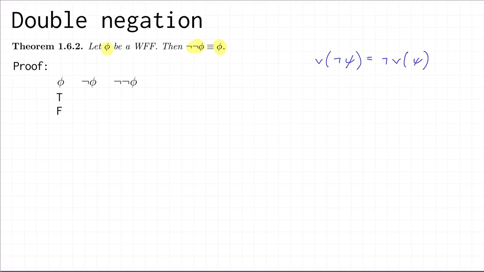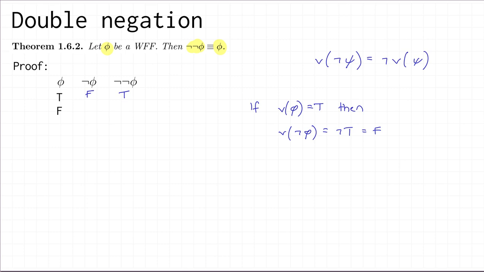So when phi is true under a particular truth assignment, then V of not phi would be not true, which is false. So I can put a false here, and similarly I can put a true here, just doing the same argument again with not phi in place of phi.